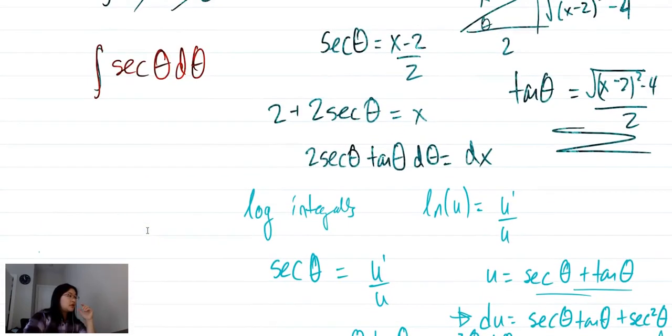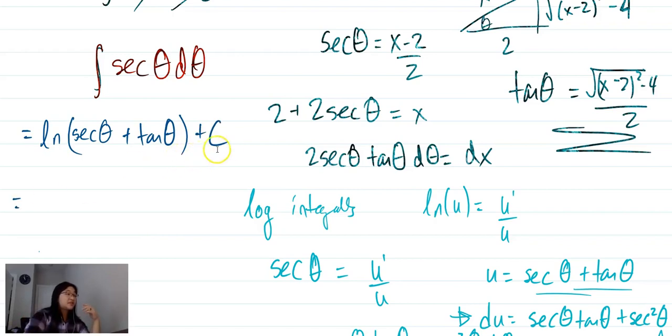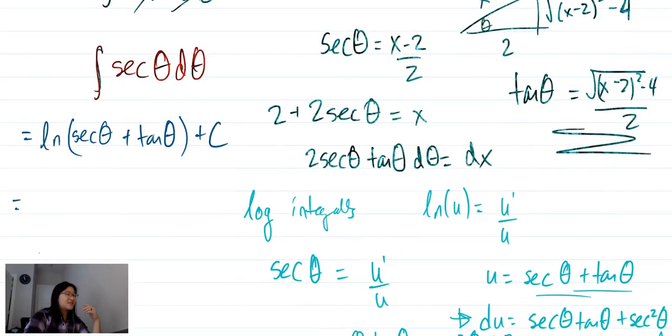So going back up here, the integral of secant theta is going to be natural log of secant theta plus tangent theta plus c. And then we need to translate that back into terms of our x's, because that's what our original integrand was in terms of.